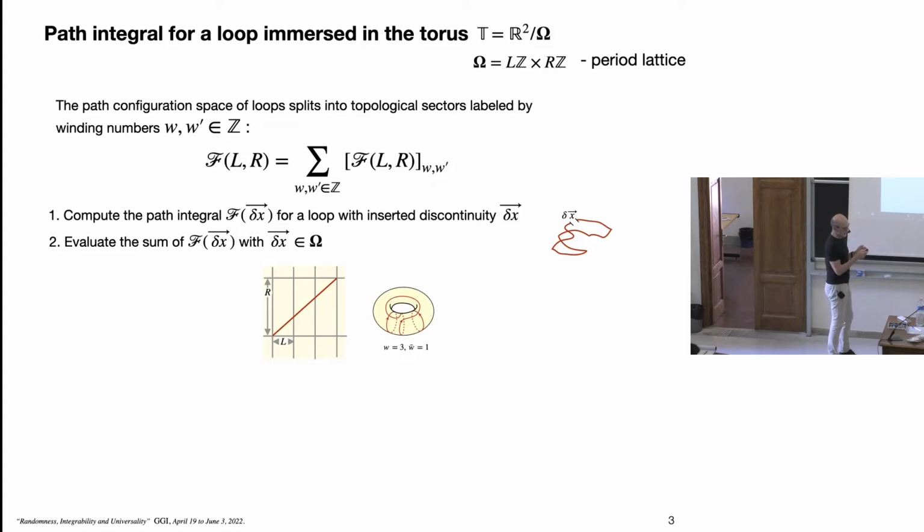That is, this delta x should live on the period lattice of the torus. So summing over all possible discontinuities of loops introduces the periodicity, the double periodicity, in the torus.